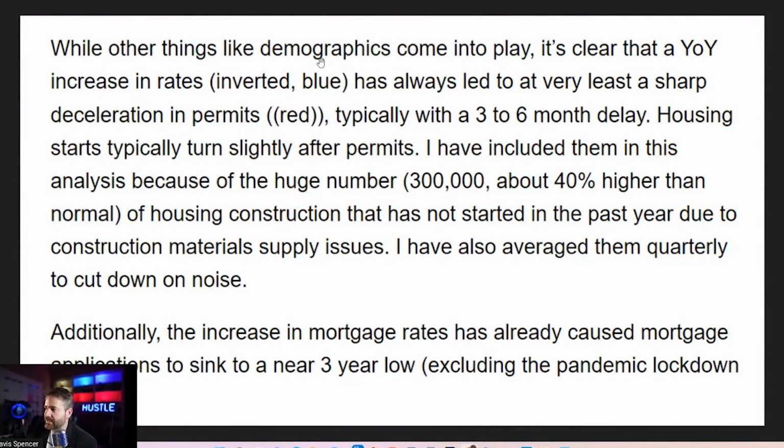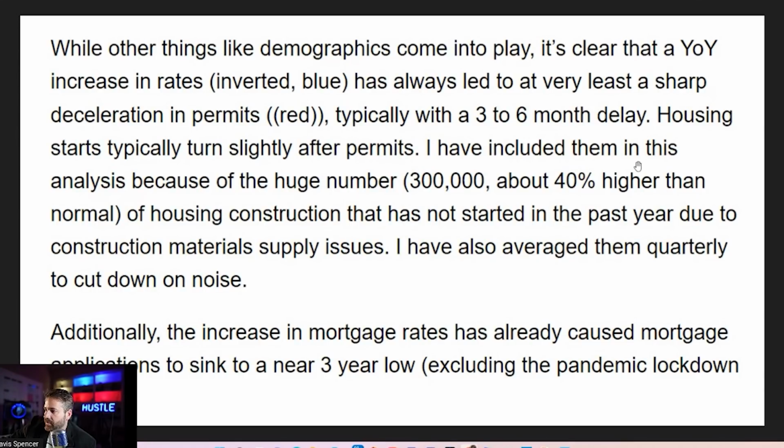While other things like demographics come into play, it's clear that a year-over-year increase in rates has always led to, at very least, a sharp deceleration in permits, typically with a 3 to 6 month delay. Housing starts typically turn slightly after permits.